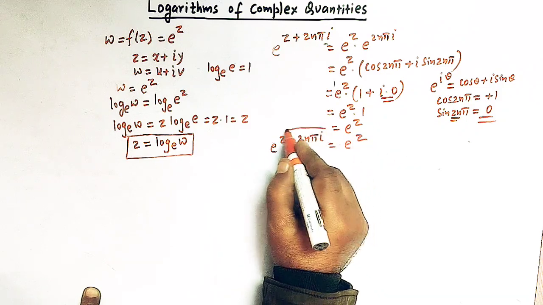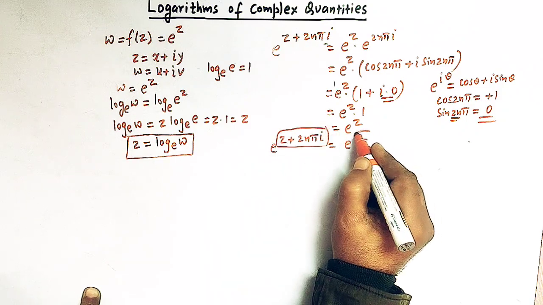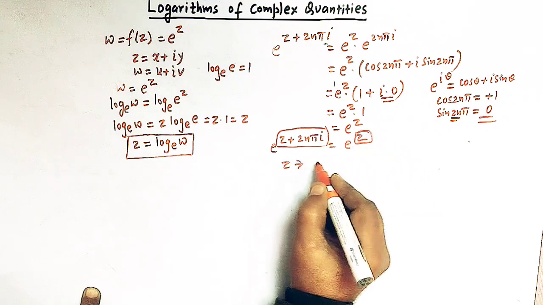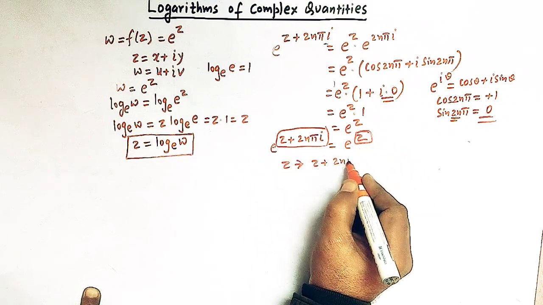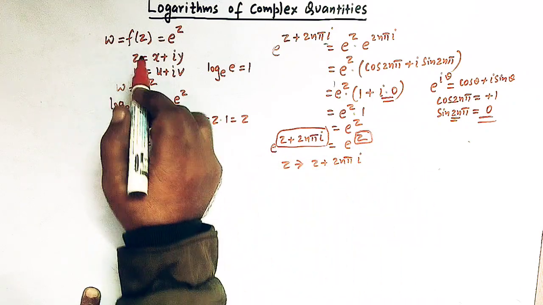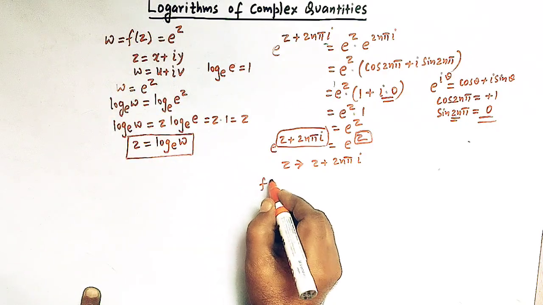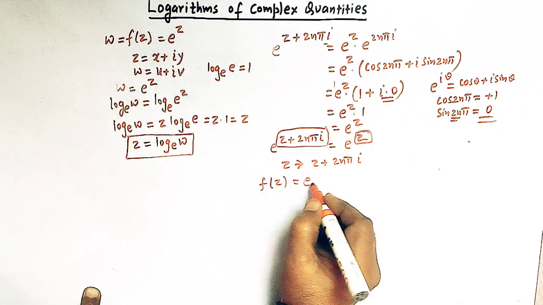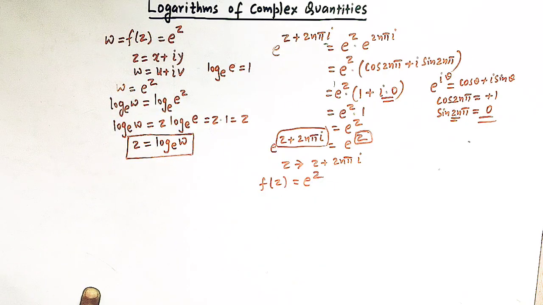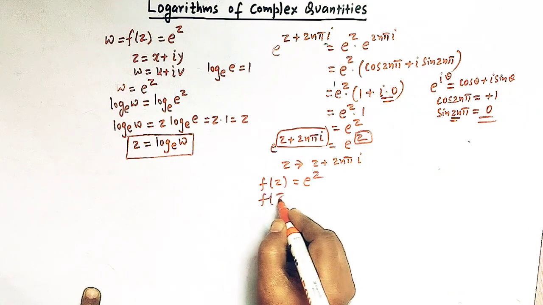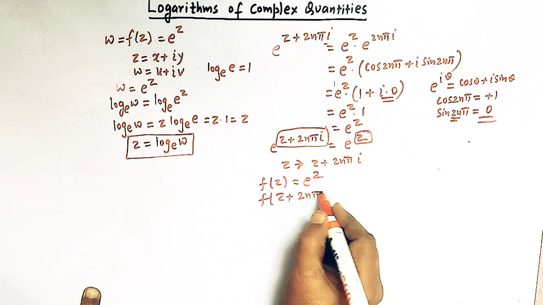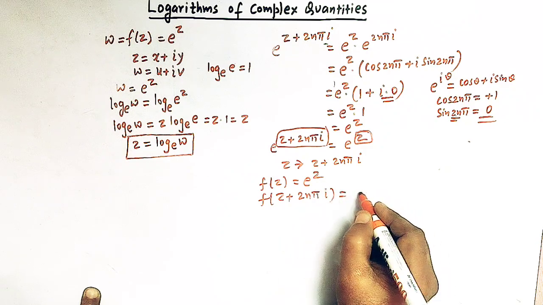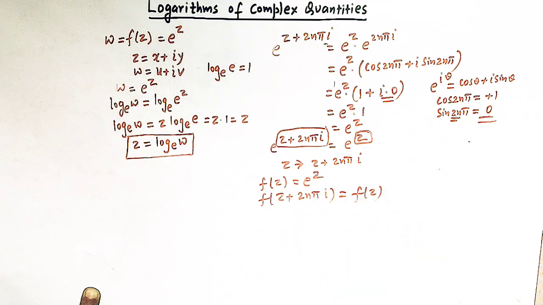So it implies that when we replace z by z plus 2n pi i, then the function f of z equal to e raised to z remains unchanged. That is, f of z plus 2n pi iota is also equal to f of z.